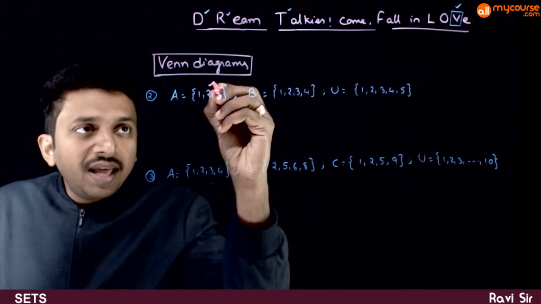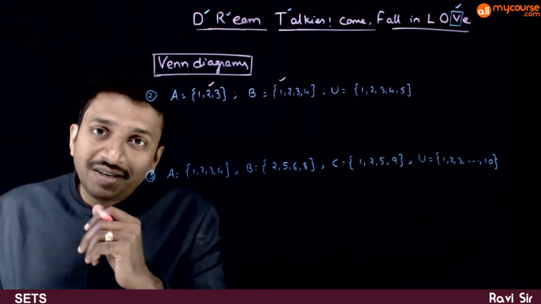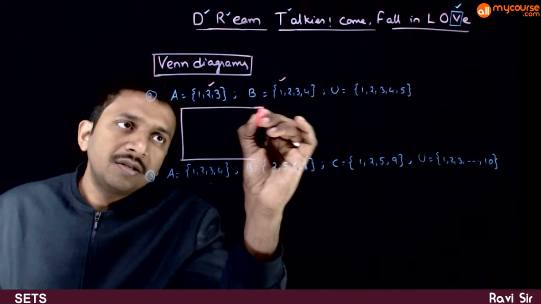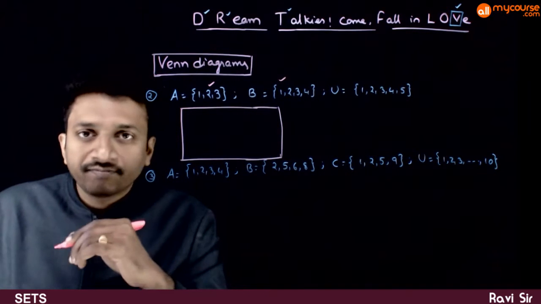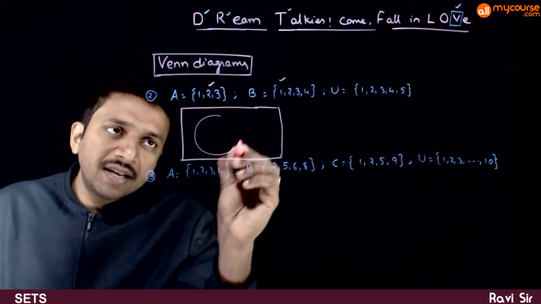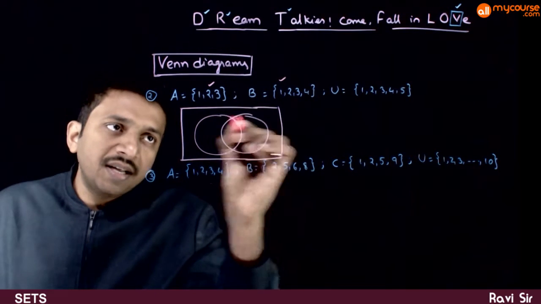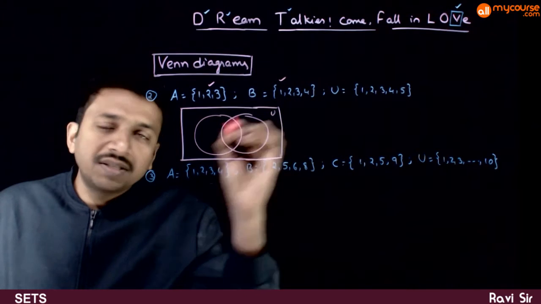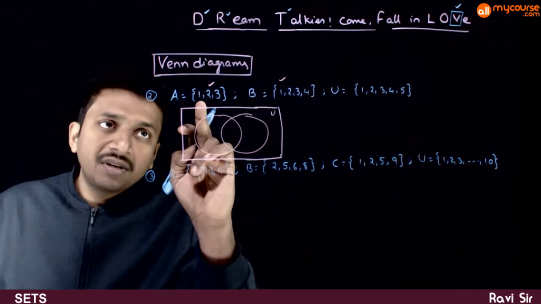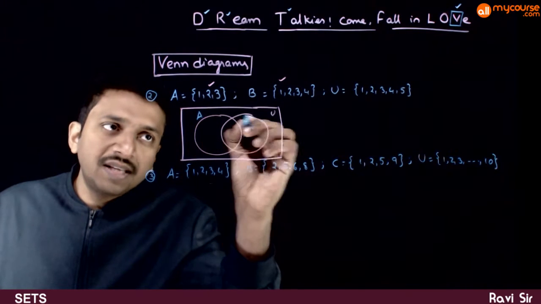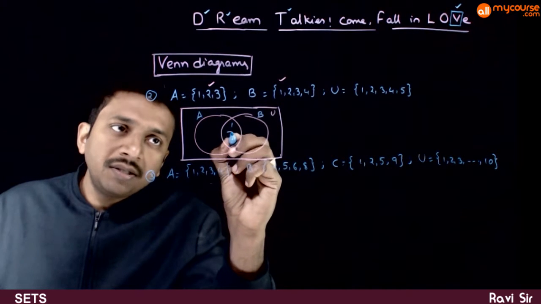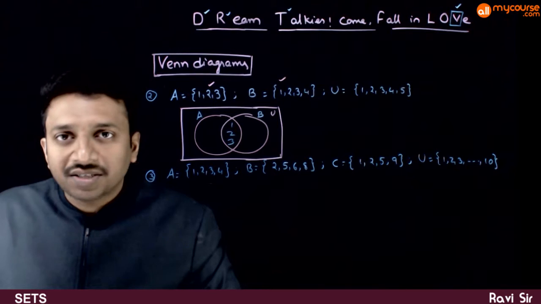So whenever A is a subset of B, how do we represent it in Venn diagrams? Let me tell you two cases. If I generally use the concept that we have learned, A is a circle and B is a circle, and you have a universal set here, right? So how do I fill the elements? Inside out. First, what are the common elements in A and B? 1, 2, 3, all these come in the intersection.